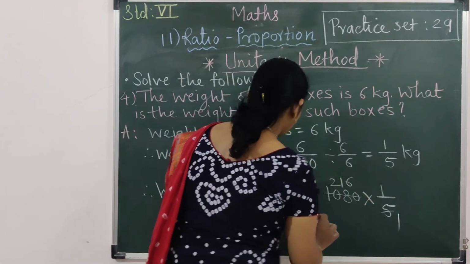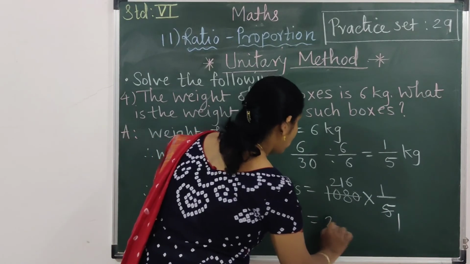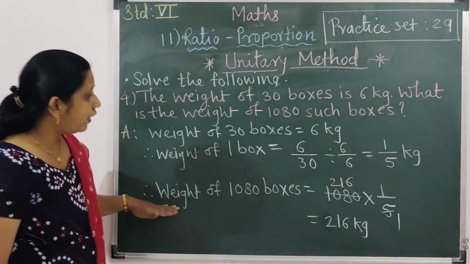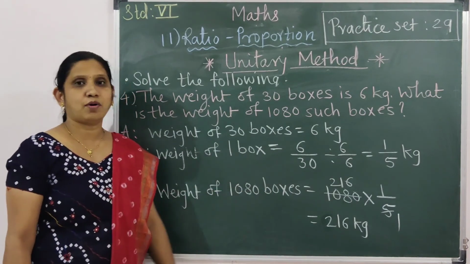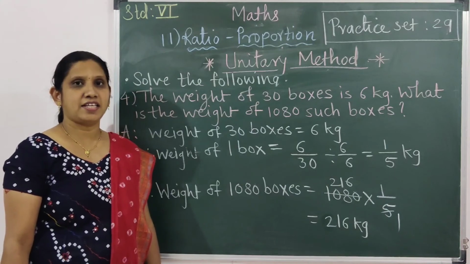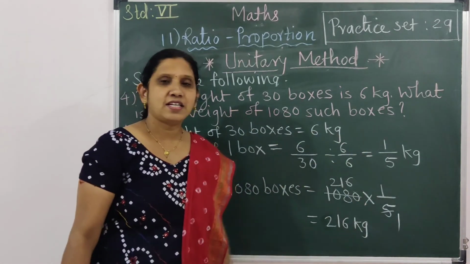Yes, 5 6s are 30. So it will come 216 kg. Therefore, weight of 1080 boxes is 216 kg.